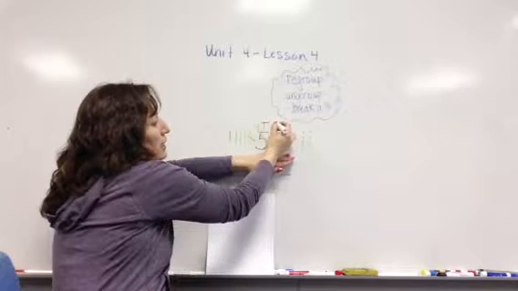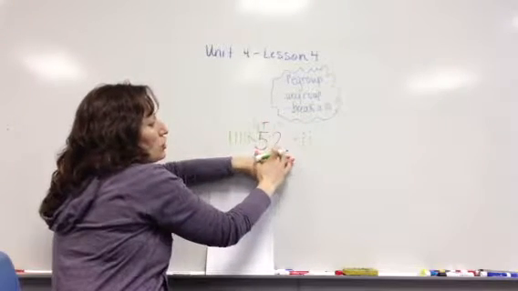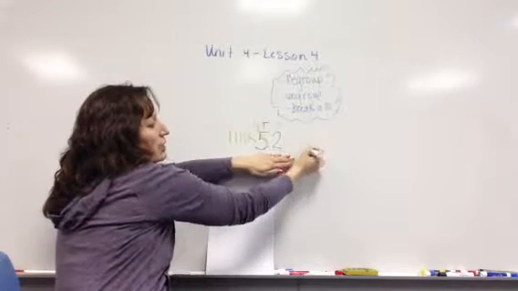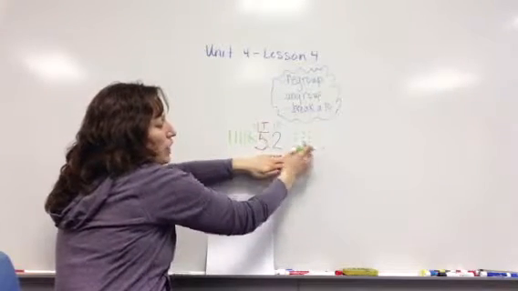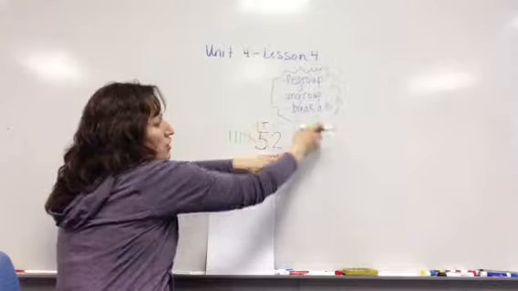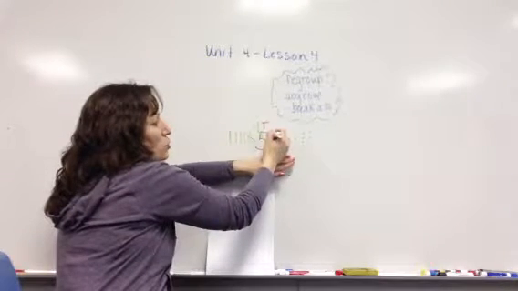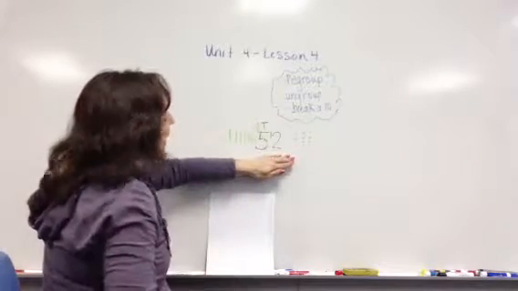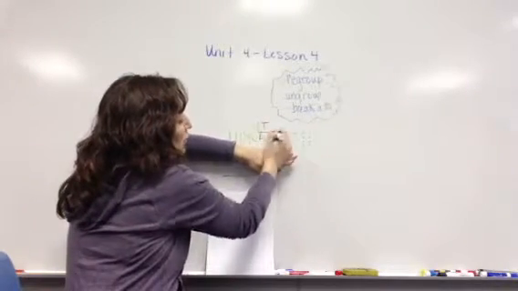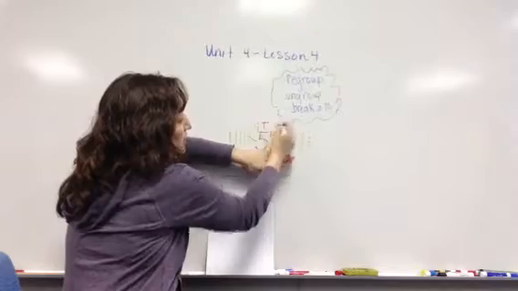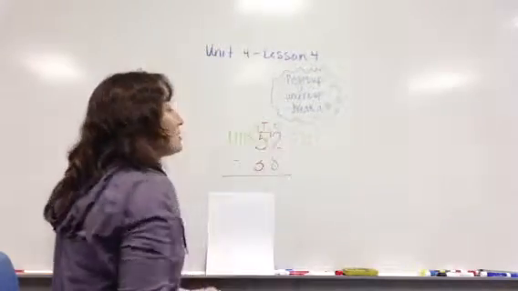So I added 10 to this number. See how I added 10? There's the 10 I drew, and I already had 2 dots. So 10 plus 2 is 12. So I added the 10 plus the 2 and changed this number of ones to 12 ones instead of 2 ones.